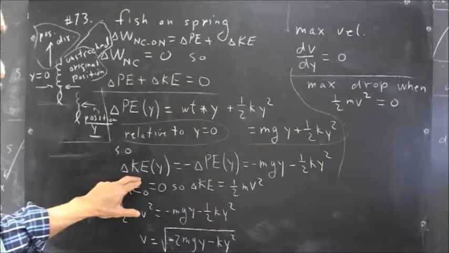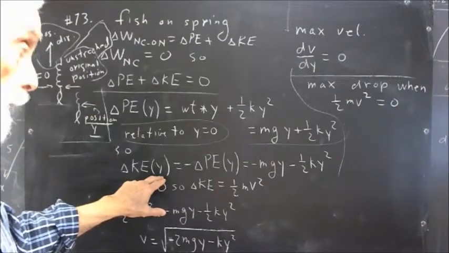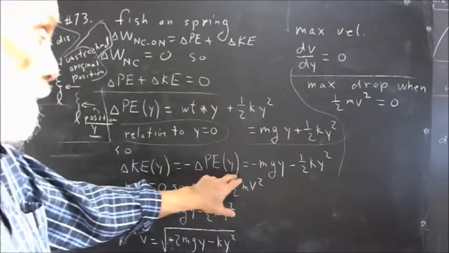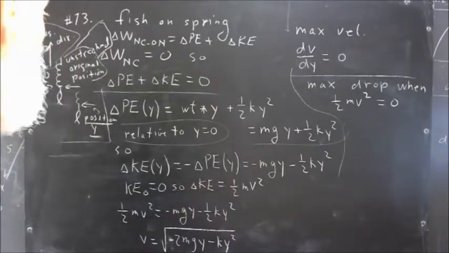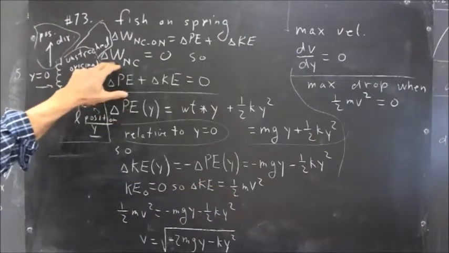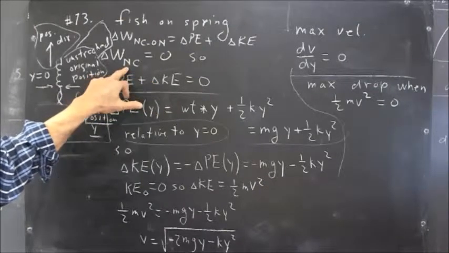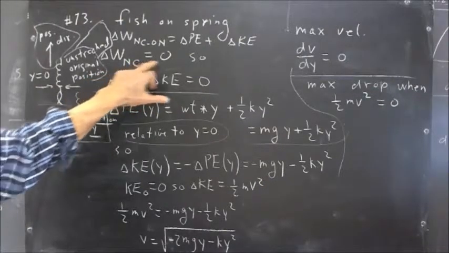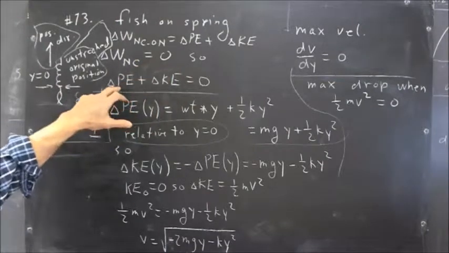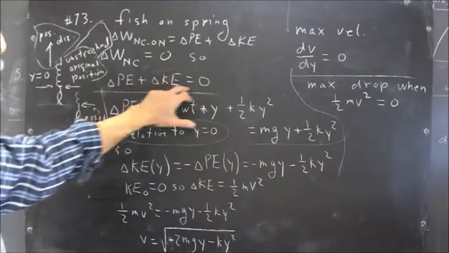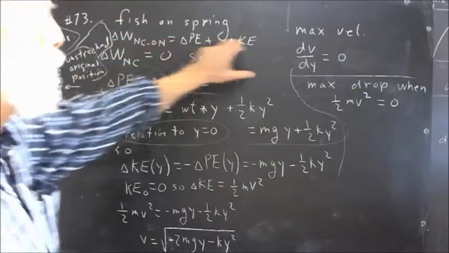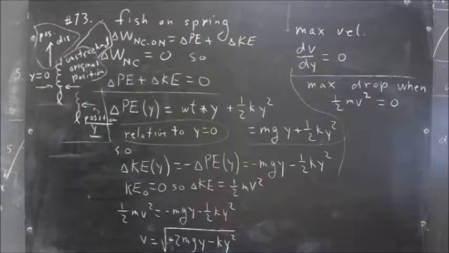the change in the kinetic energy as a function of y is equal and opposite to the change of potential energy as a function of y. Since delta W_NC is 0, no work done by non-conservative forces, delta KE plus delta PE equals 0 by the general work-energy relationship.